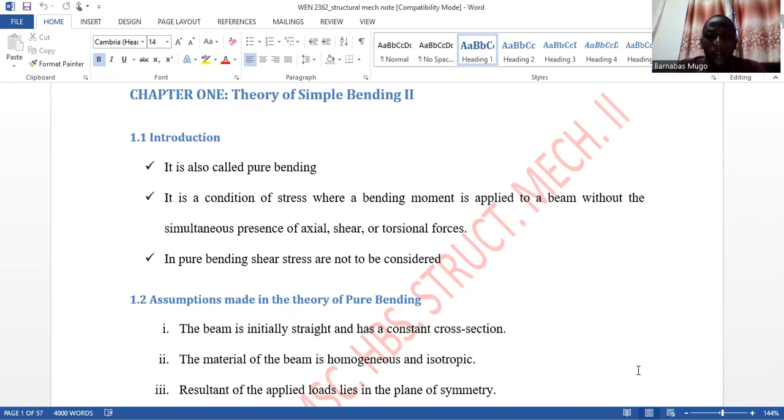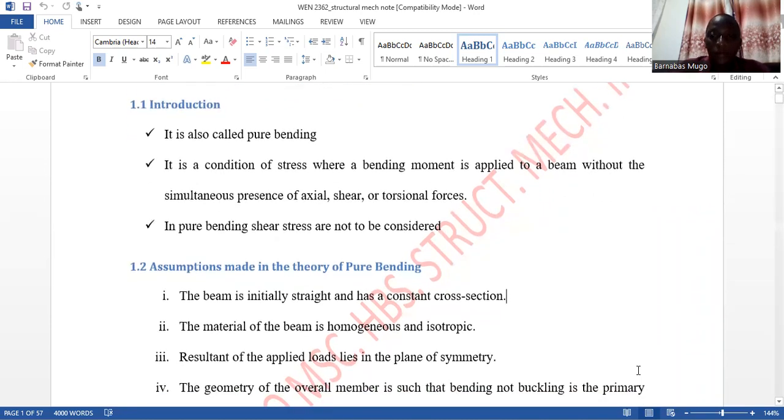But we don't have anything to do with the shear forces. The shear forces have been eliminated in this case. So even without the presence of the axial, the shear, and the torsion forces, we can still have the bending moment applied on a beam.